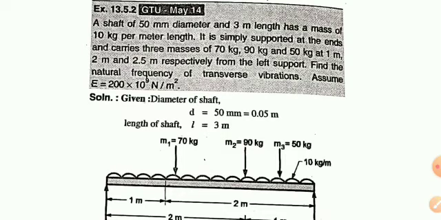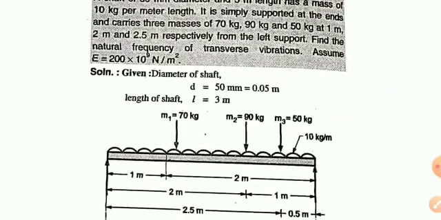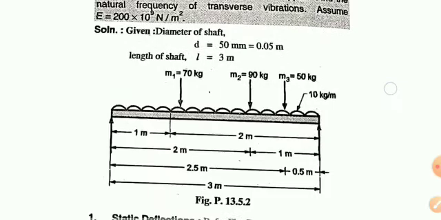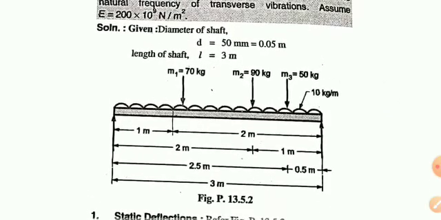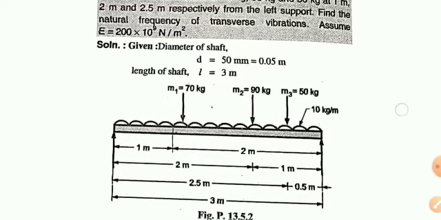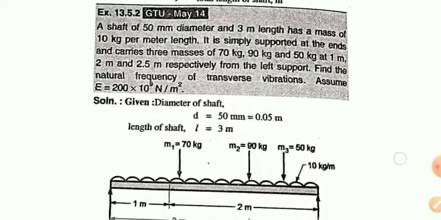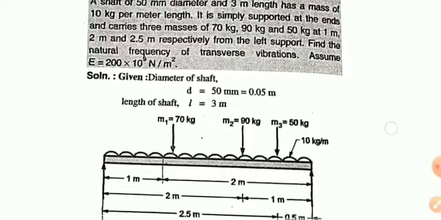Find the natural frequency of transverse vibration. Assume E is 200 into 10 raised to 9 Newton per meter square. So we can draw this diagram: simply supported at the ends and carrying 3 masses.